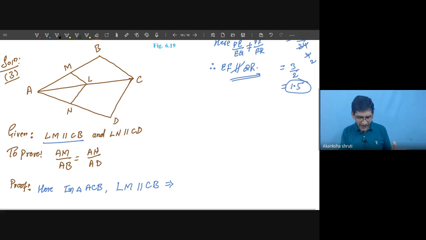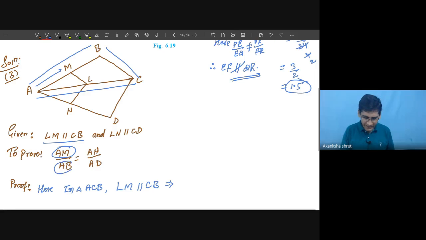So whatever is required, you observe that ratio, then you find it. So here, in this triangle ACB or ABC, just observe this much. We have AM, this much is required, by AB, this much AB is required.